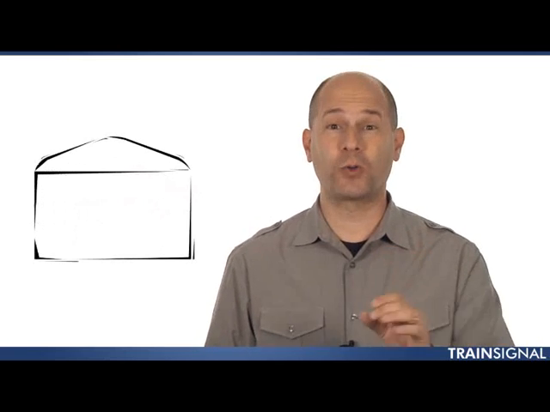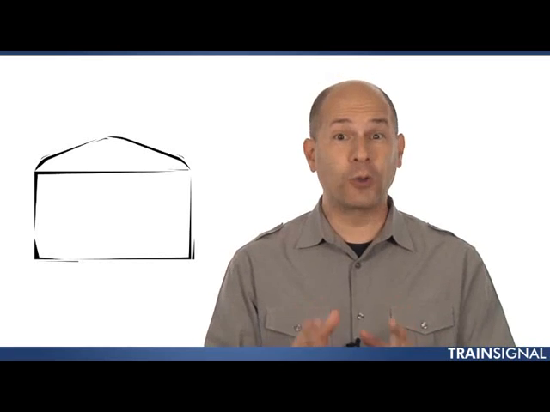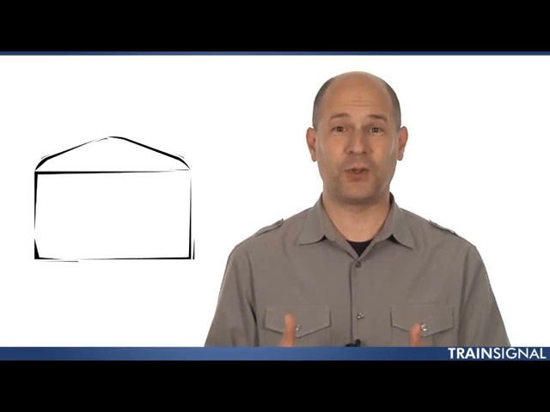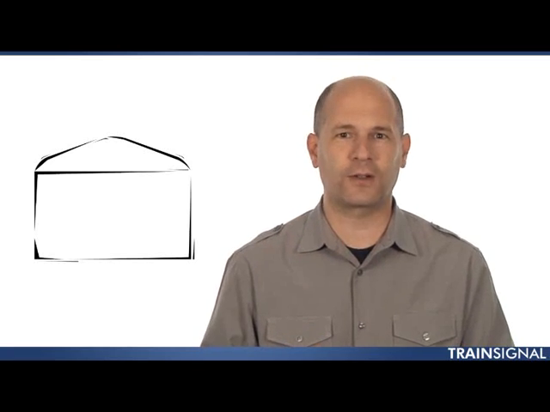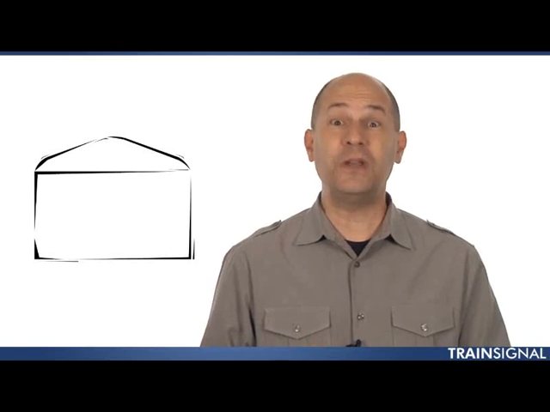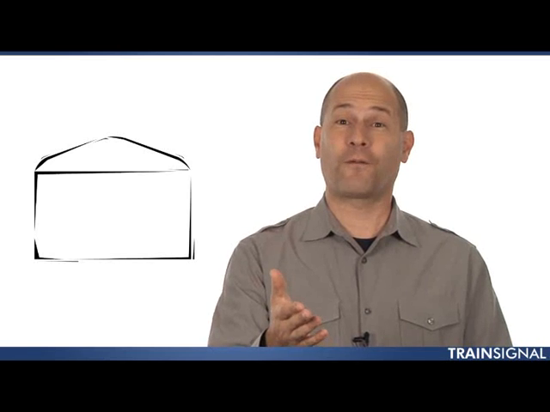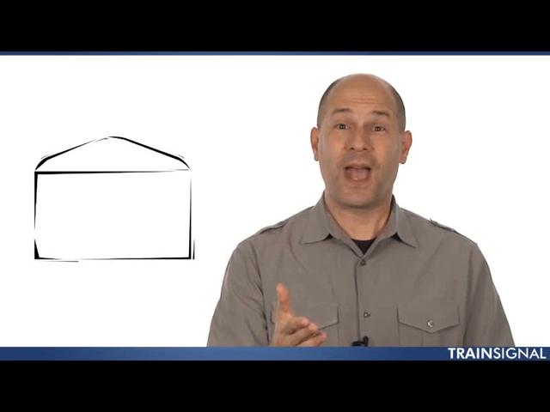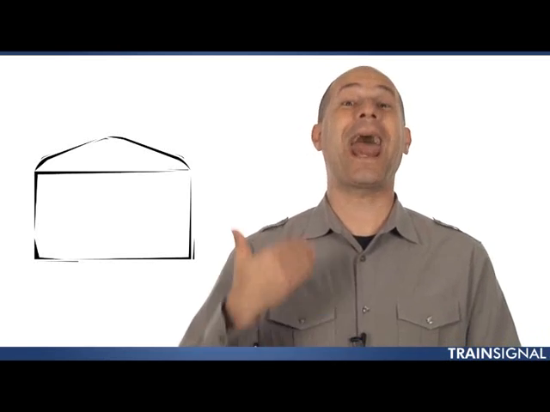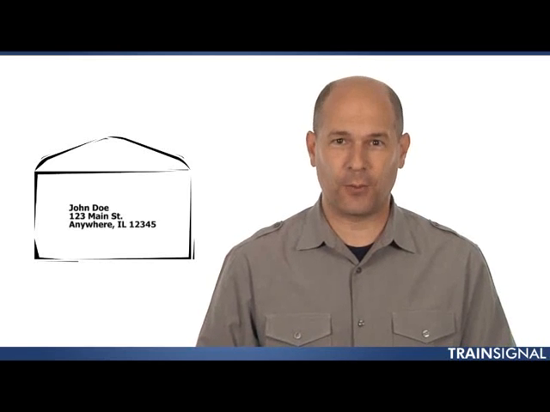How about the postal network? The postal network is a great example to use when trying to think of how addressing works because we use the same terminology. If I want to send you a letter, in order for that letter to get to you, I have to put an address on the envelope.